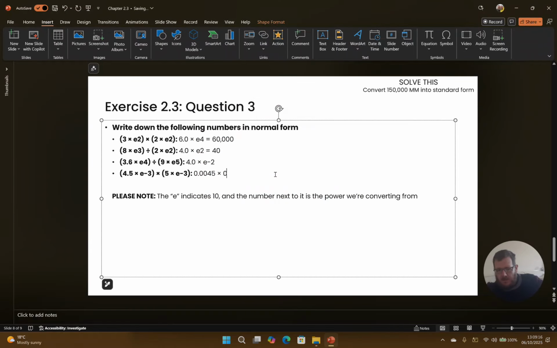Times 1, 2, 3. And that equals the 45 times the 5 is 225. Question now is how many zeros were there? And which way does it go?